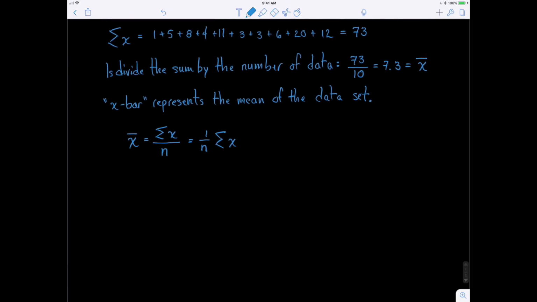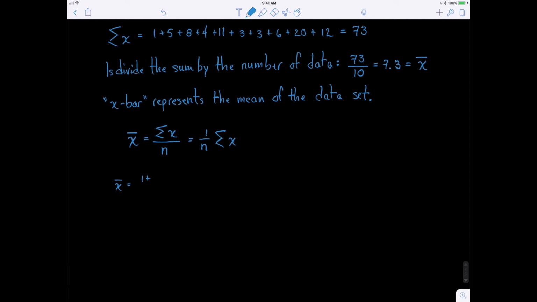Using the formula, you would write x bar equals 1 plus 5 plus 8 plus 4 plus 11 plus 3 plus 3 plus 6 plus 20 plus 12, and you put all of that over 10.